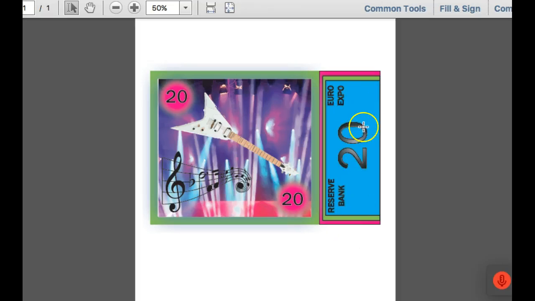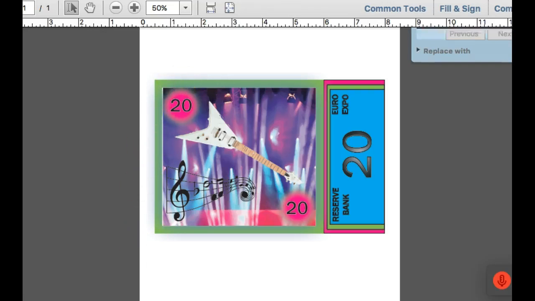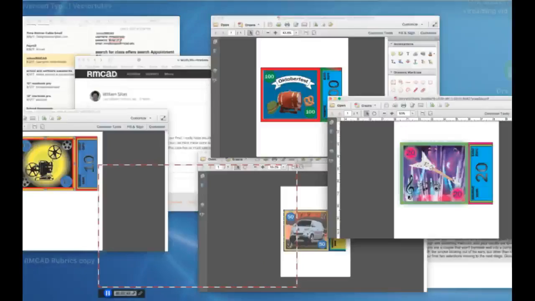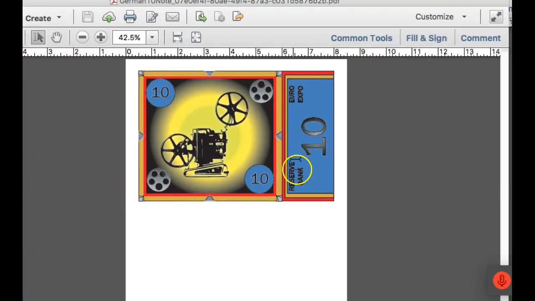So think about that. I'm not sure about the size of your bills, because let me just Command R that. Let me bring that up. Okay, so right now these are roughly 7 inches by 5 inches, which is fine. But let's take a look at another one. Command R that. Yeah, they're the same size.